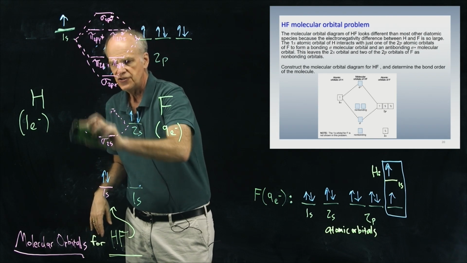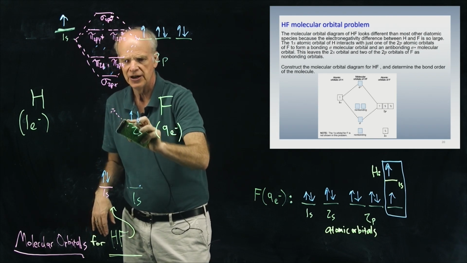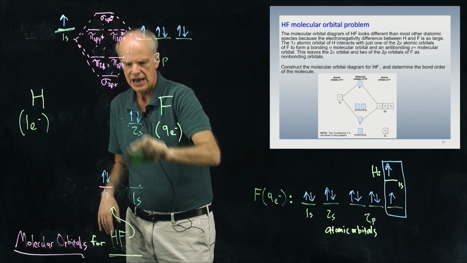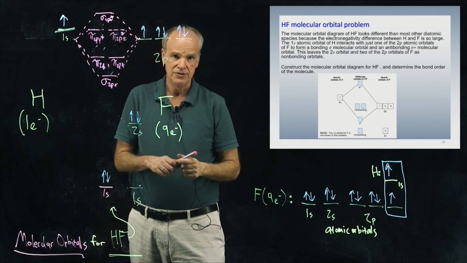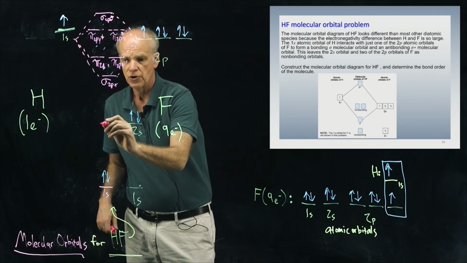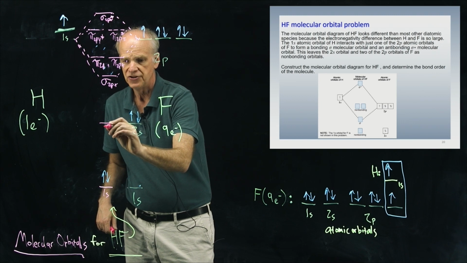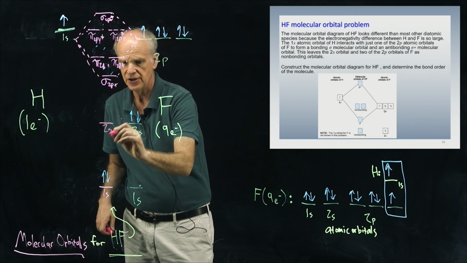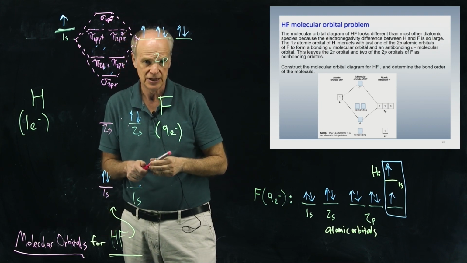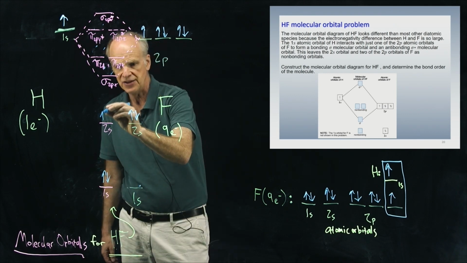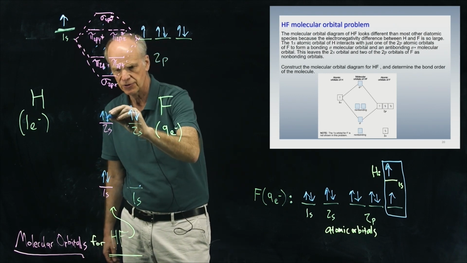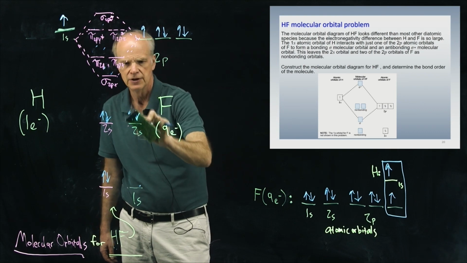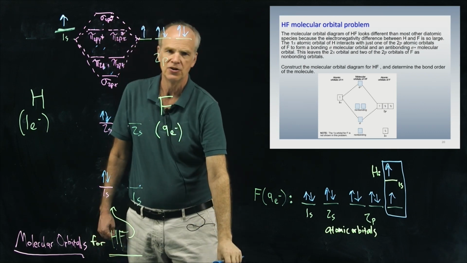So this system of molecular orbitals just does not form. Instead, in the HF molecule, fluorine's 2s atomic orbital is retained. I'm going to write that now in pink to indicate it's in the molecule. And that's still there with its 2 electrons. So we're going to indicate that. Okay. Now here's where it gets a little bit interesting.